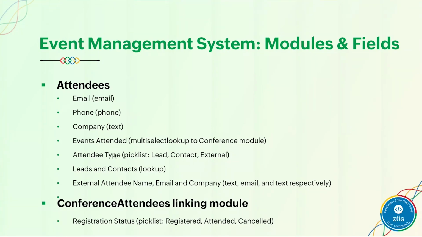I can select the type of the attendee as lead, contact, or external and provide the specific details. For the multi-select lookup, there will be a linking module created for which I can track the registration status of each attendee for the conference they are attending. Like registration status, the pick list values are registered, attended, and cancelled.